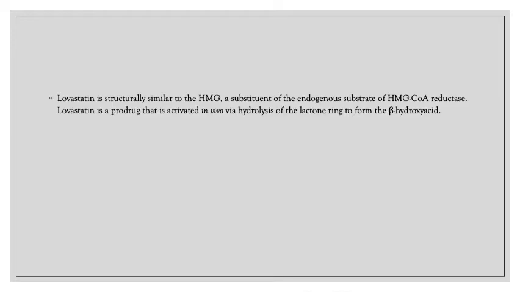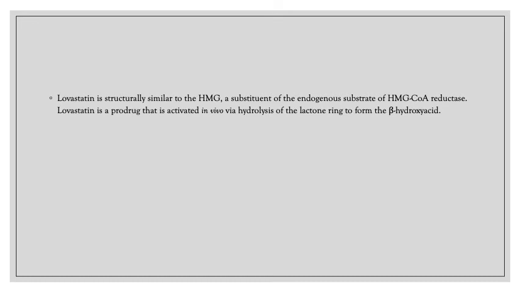So to talk about lovastatin a little bit, lovastatin is structurally similar to HMG, which is a substituent of the endogenous substrate of the HMG-CoA reductase. So we have to keep that in mind. Lovastatin is a prodrug that is activated in vivo via hydrolysis of the lactone ring to the beta-hydroxy acid.